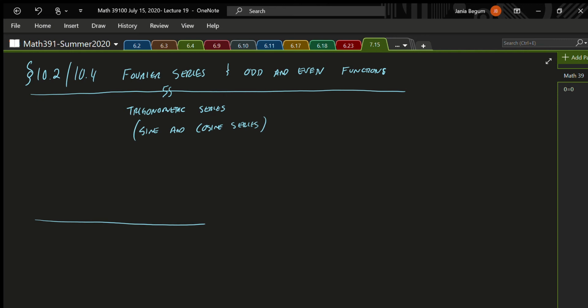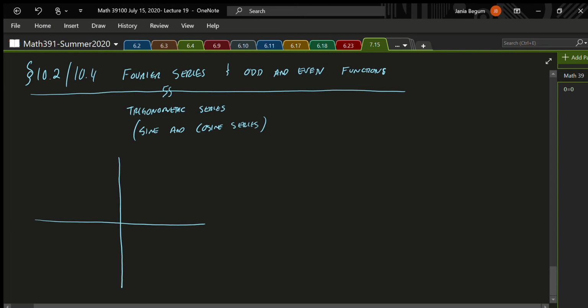My fault. Okay, it's not a big deal. Suppose you have a graph that looks like a weird looking wave, a weird looking continuous graph, and then it just repeats.